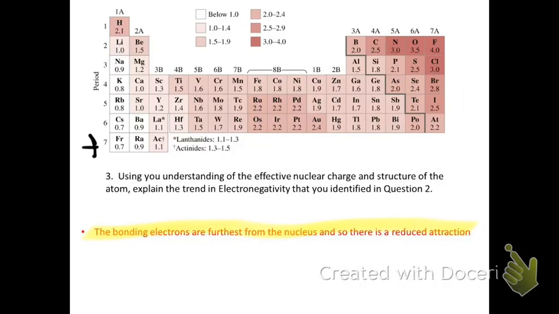So francium has a very low electronegativity, or doesn't really attract bonding electrons. However, hydrogen has a little bit greater attraction, being 2.1 electronegativity.